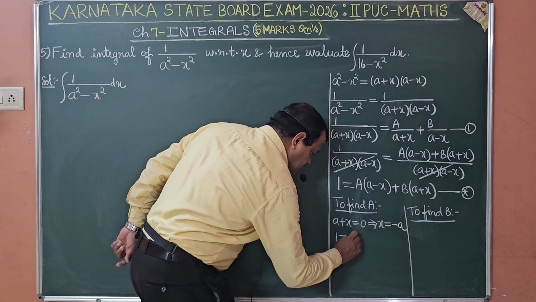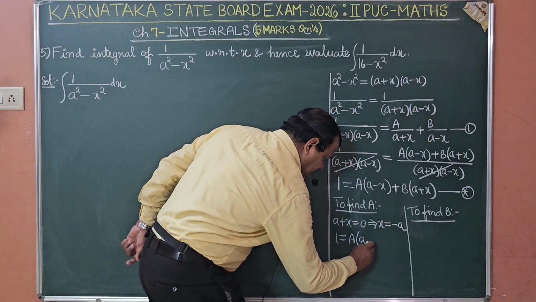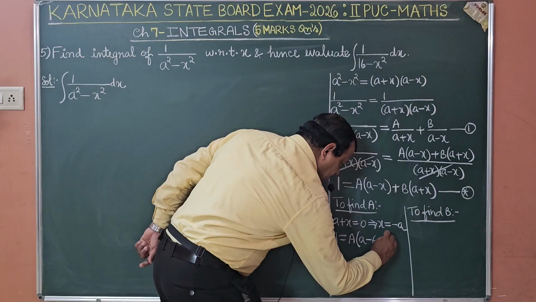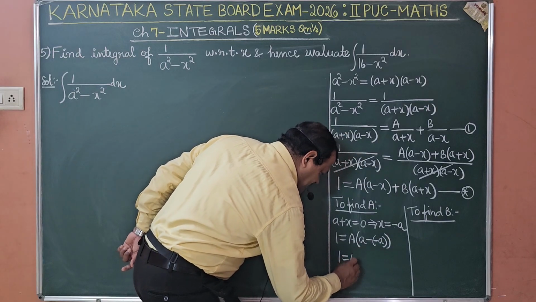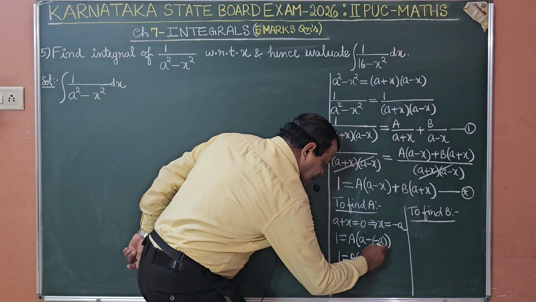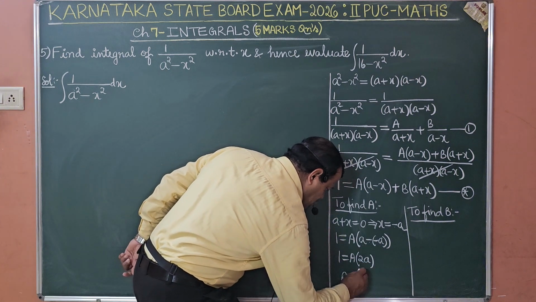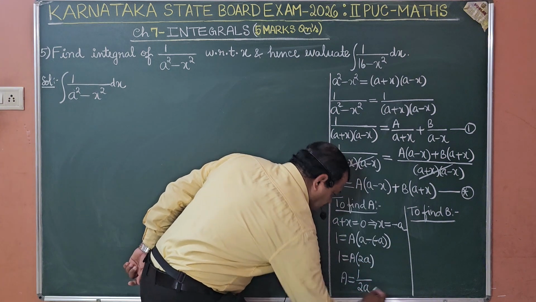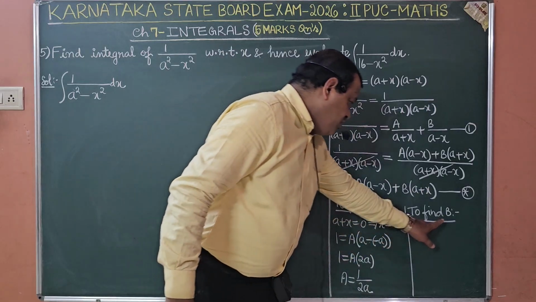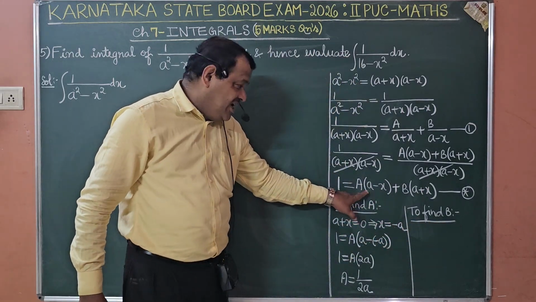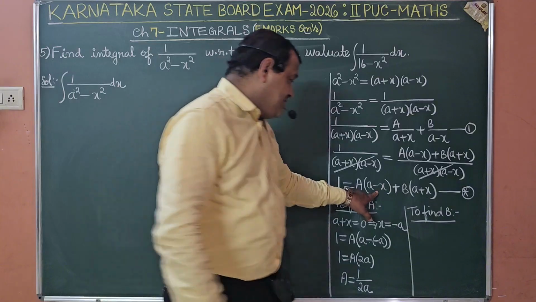We get 1 equal to capital A into small a minus x, which is a plus a, 2a. Therefore, we get capital A equal to 1 by 2a. Similarly, to find unknown B, please make the coefficient of capital A 0, that is, a minus x 0.